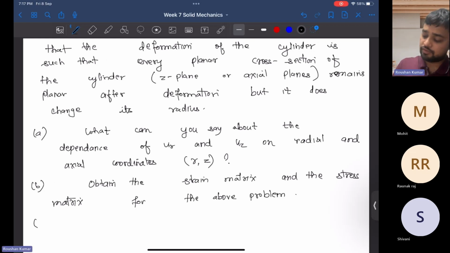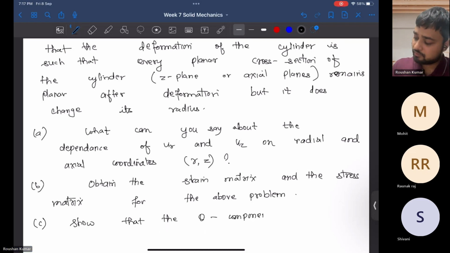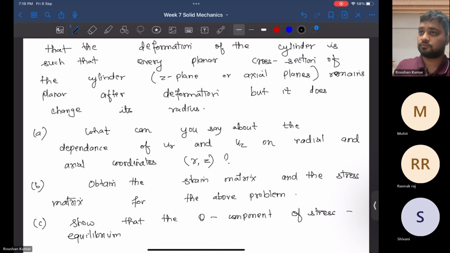The third part of the question is, show that the theta component of the stress equilibrium equation is automatically satisfied.